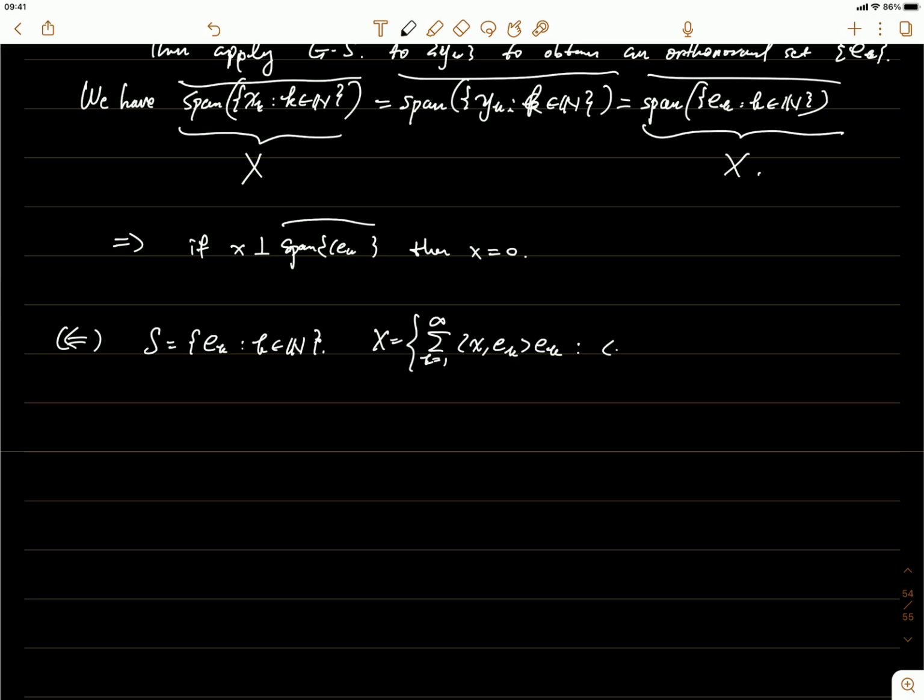Every x can be written in this way, so essentially my x is just that.